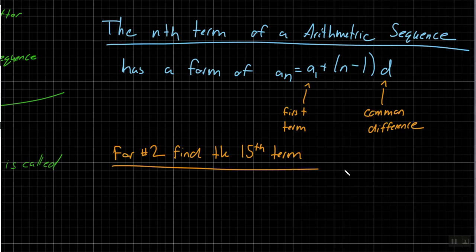So a sub n, n is what in this problem? 15 equals our first term. What was our first term? 1 plus 15 minus 1. What was my common difference? 1/4. Boom. So you can find that term.